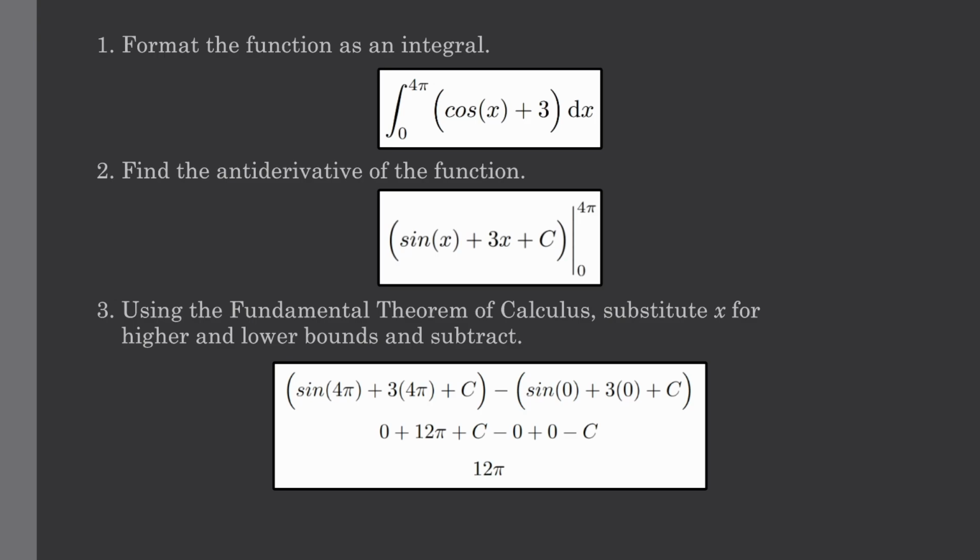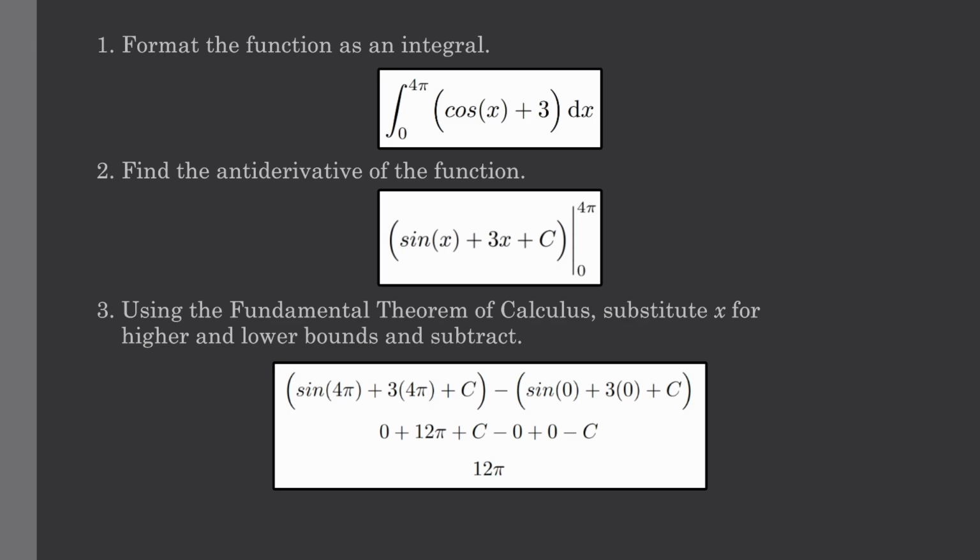So when calculating sine of 4 pi, that just becomes 0. 3 times 4 pi becomes 12 pi, plus c is unaffected. And then on the right, sine of 0 is 0. 3 times 0 is 0, and c is just affected by the negative.